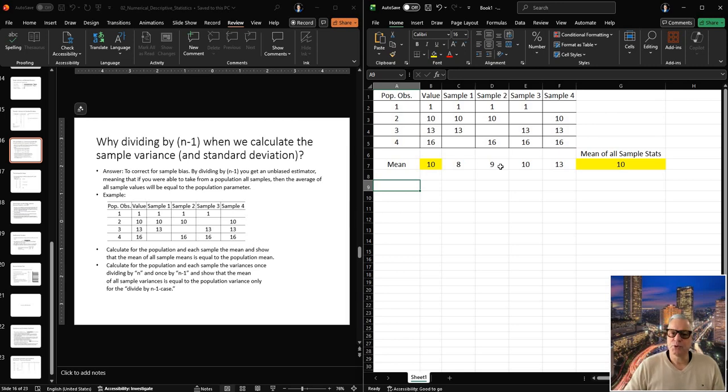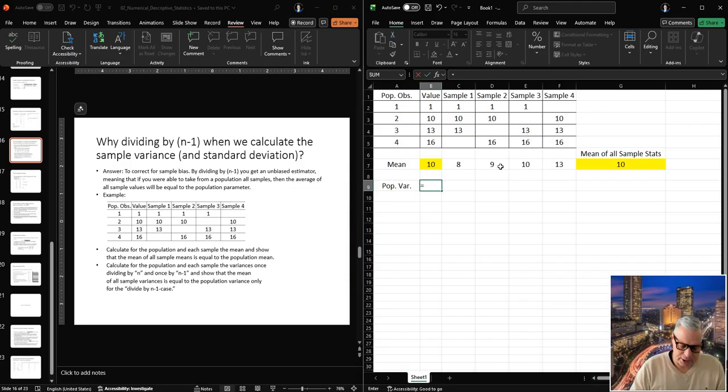Okay, now let's do the same thing using the population variance. We want to know, is the variance an unbiased estimator? We calculate the population variance, which is the formula that divides by n. We take all the squared deviations from the mean and divide by n.